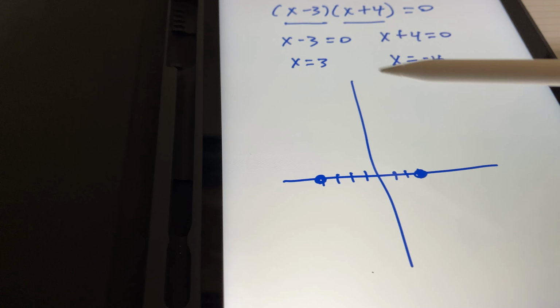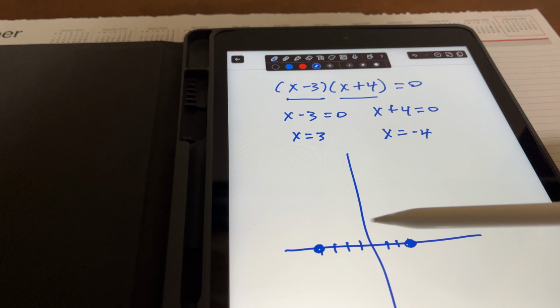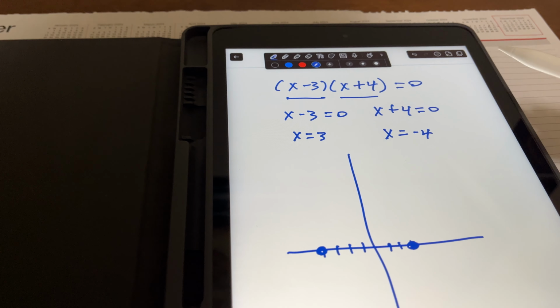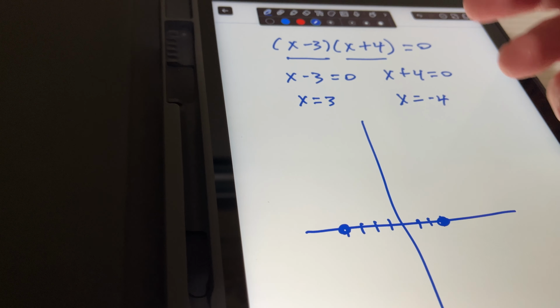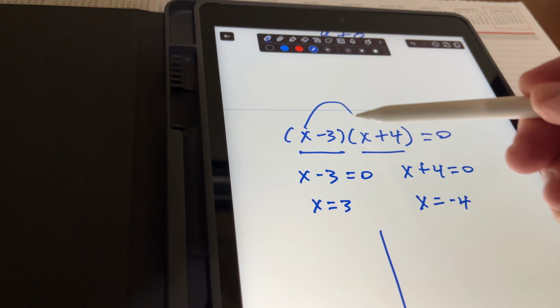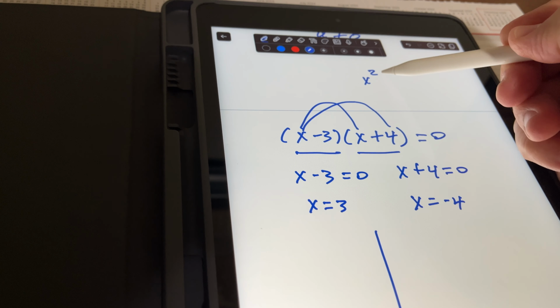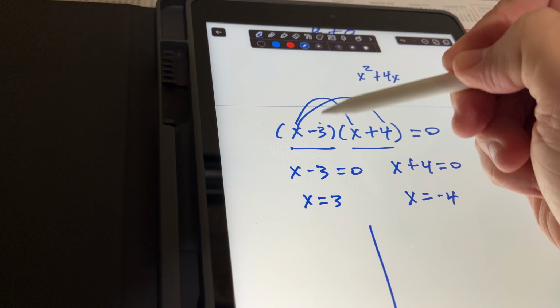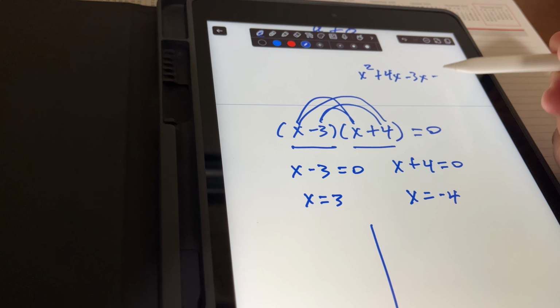Now, from this, what I could do is multiply those together. I know that it hits here, but if I multiply those together like this, x times x is x squared, x times 4 is 4x, -3 times x is -3x, and -3 times 4 is -12.